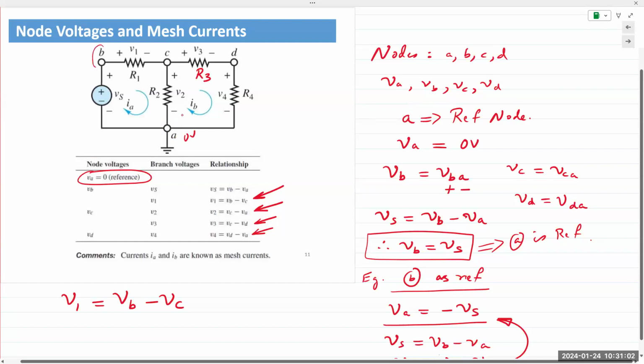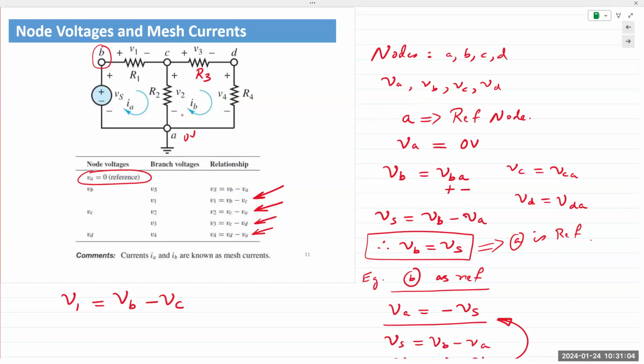And then B is connected to a voltage source, so we would know the value for B. So out of 4, I would have the value for the reference node and the value for the voltage source. I'm left with only 2 unknown variables. I only need to write 2 equations to solve for these 4 nodes, as we'll see in an example later.